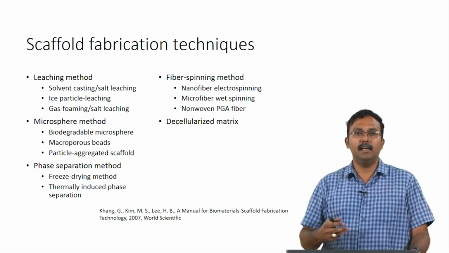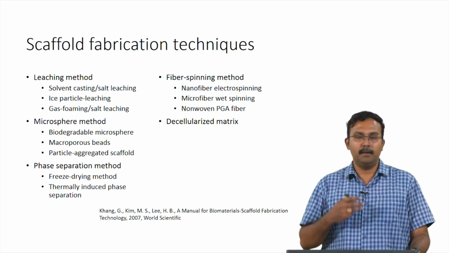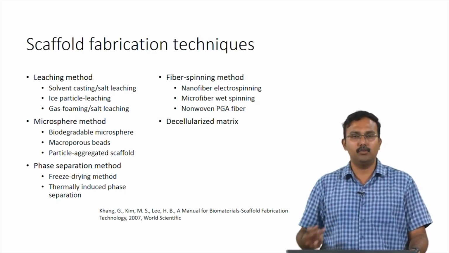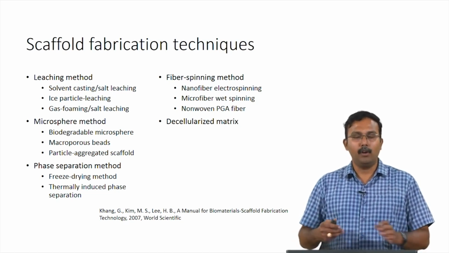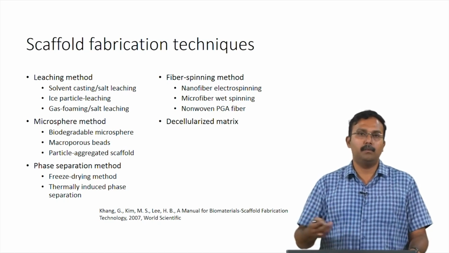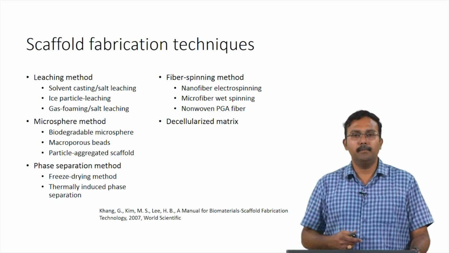So, this would be an ideal strategy to look at. However, it is a major challenge to make sure that the properties of the scaffold is not lost during the decellularization process. So, we will not be talking about this today, but you can read about this on many of the papers which are readily available.